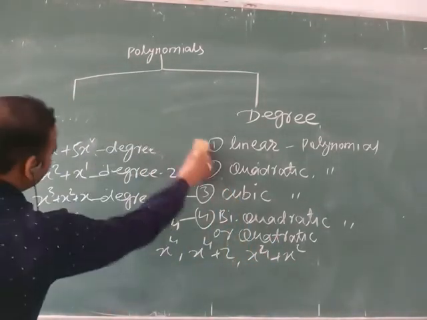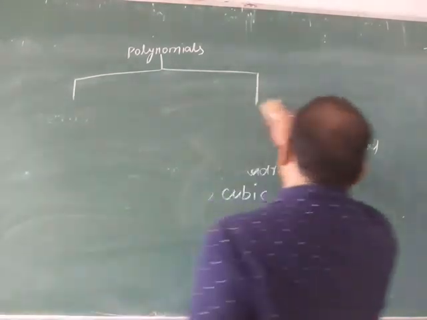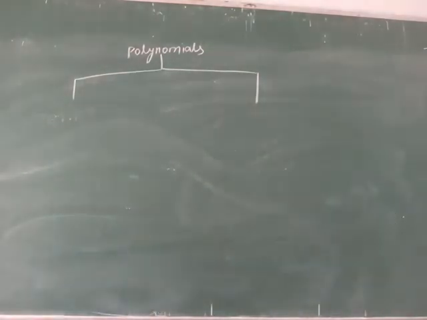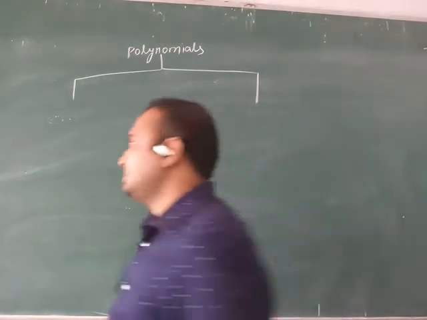Now, after understanding the concept of polynomials and the types of polynomials, as I told you earlier, I will define the constant polynomial and zero polynomial.